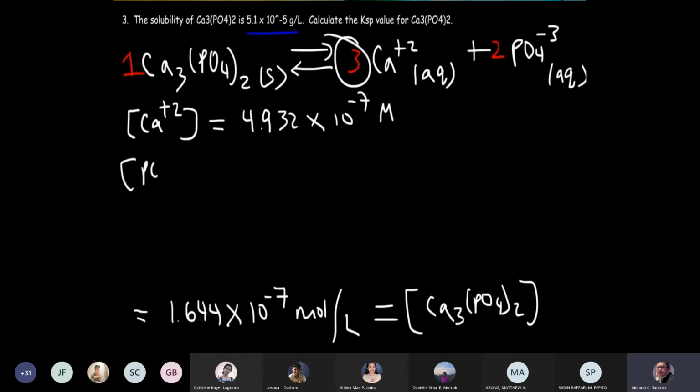Now the phosphate ion concentration is simply twice the value. And keep in mind, if you want to show your work, you can write it like this.